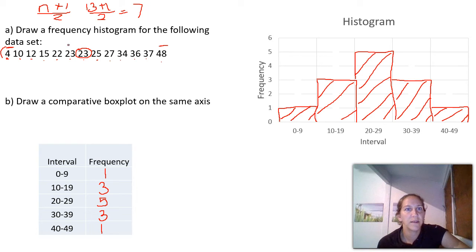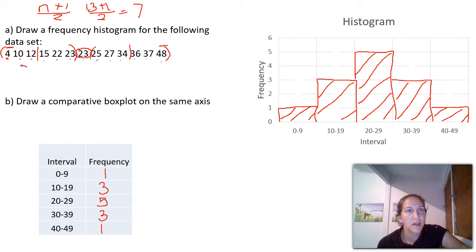I then draw brackets around my other two sets, and this is just a visual cue to let us know which are our upper and our lower 50% of our marks. In between the bottom 3 and the top 3 values, I draw a line, and in between the bottom 3 values here and the top 3 values here, I'll draw a line. So I know that my lower quartile will be here, and my upper quartile will be here.